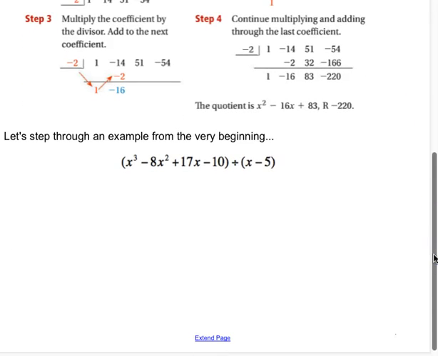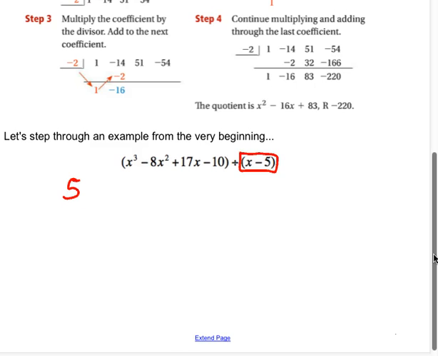So I'm going to start down here with a brand new example. So the first thing that you're going to do when you're using synthetic division is you look at what you're dividing by. Okay? That's going to give you what I call the magic number. In this case, the magic number is going to be 5. The magic number is always the opposite of what you see in that factor, in that linear term.